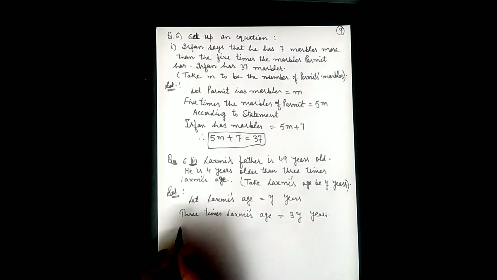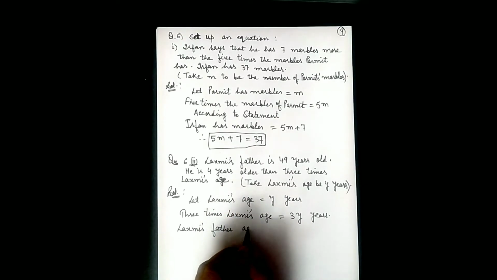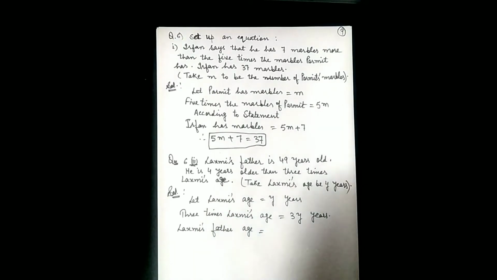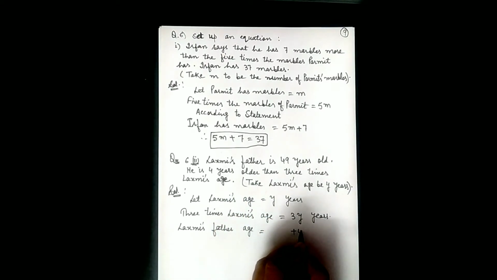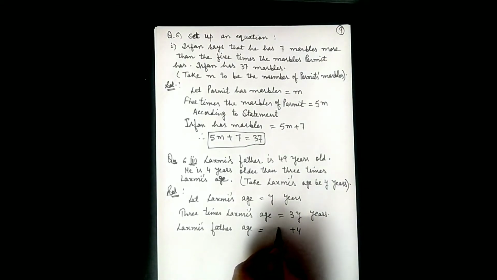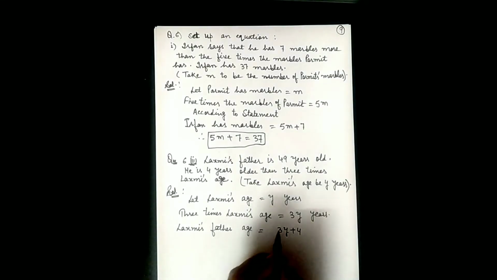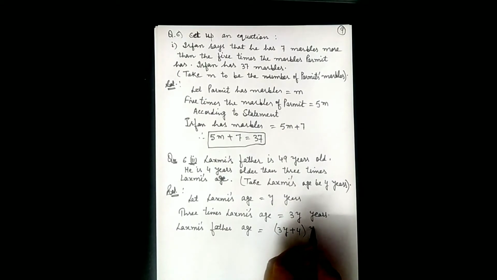So Lakshmi's father's age is equal to, 4 years older means plus 4. 4 years older than 3 times y means 3y plus 4 years.